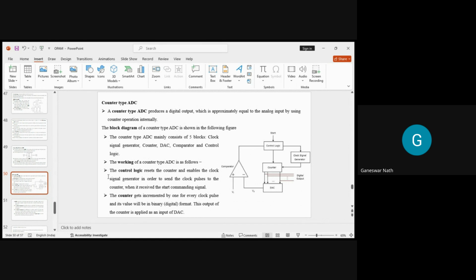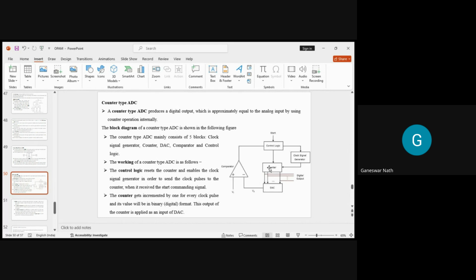Now the working of the counter type ADC. The control logic simply resets the counter and enables the clock signal generator in order to send the clock pulses to the counter.